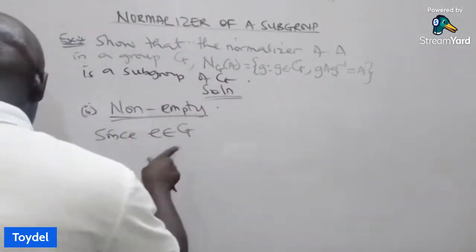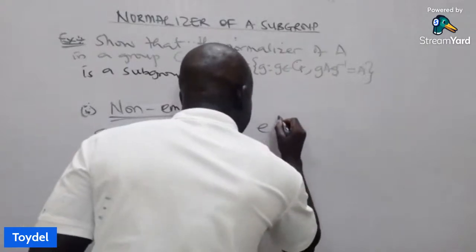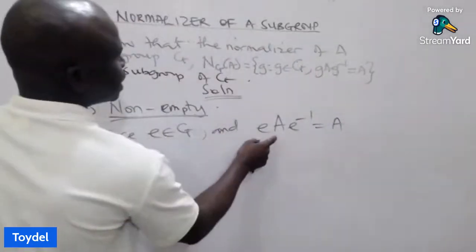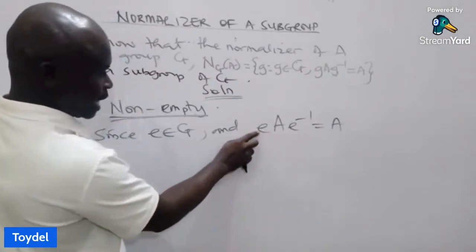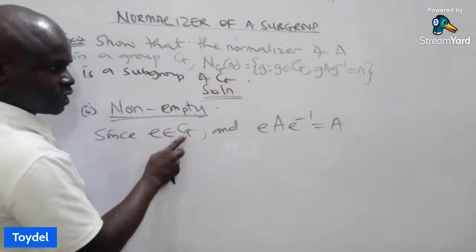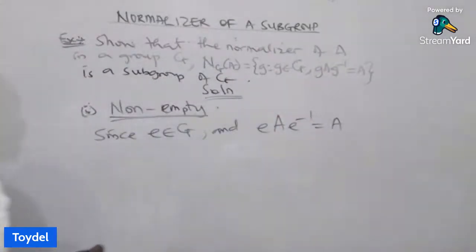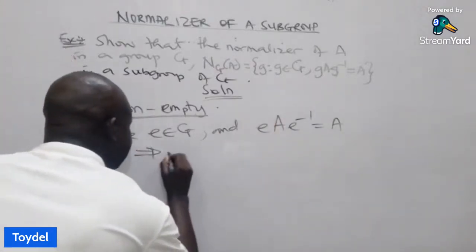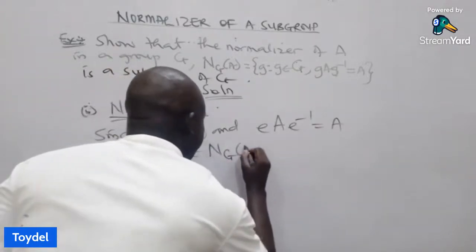So since e belongs to G and e A e inverse is equal to A, of course, this is the idea behind the normalizer of a subgroup. When you pick an element e from G and conjugate the subgroup, then e A e inverse must give A. That implies that e belongs to the normalizer of the subgroup.